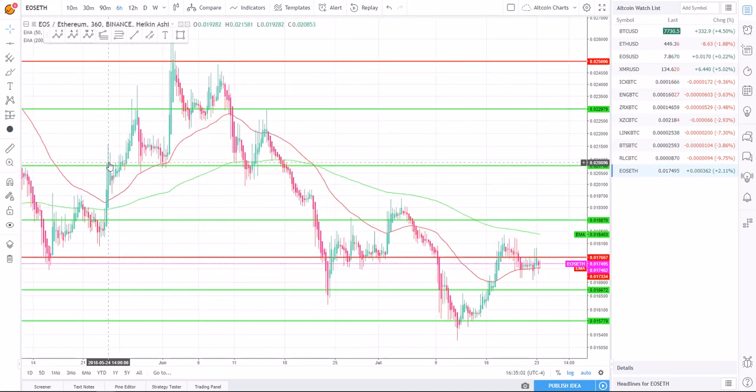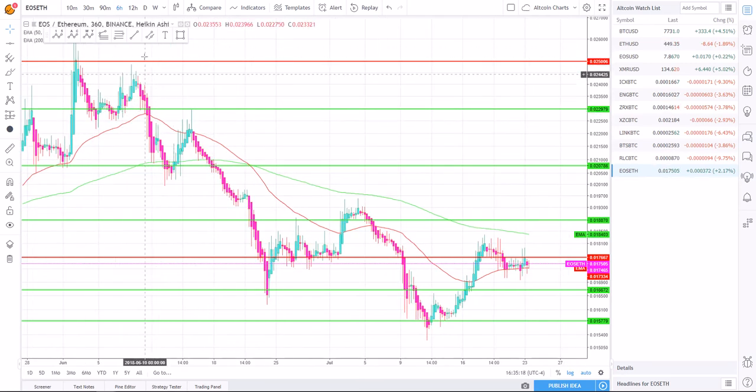It hits another medium support line, resistance line over here, bounces up to another medium resistance line, bounces down to support, breaks through, hits a major resistance down here, consolidates in between support and resistance up to the top, doesn't break resistance, starts to go down, hits the next floor here, tries to go to the ceiling, can't break through, it goes down, down, down, hits major support over here, intermediate support over here, tries to go a little bit higher, but is stuck in a range over here, breaks support here, and now we are caught over here at resistance for EOS versus Ether.